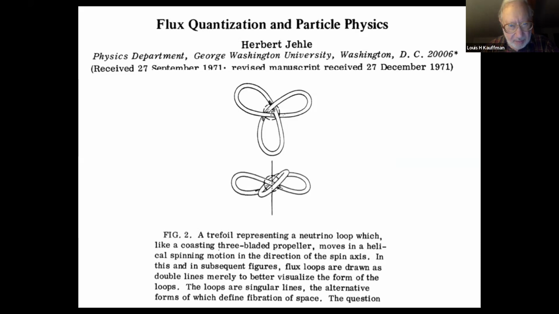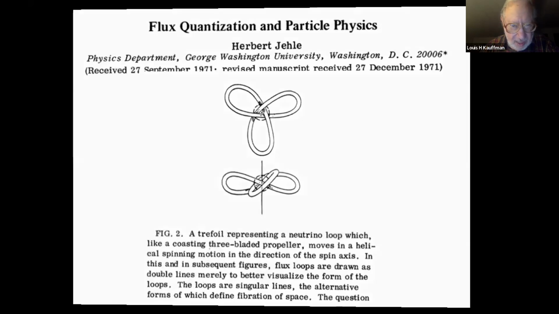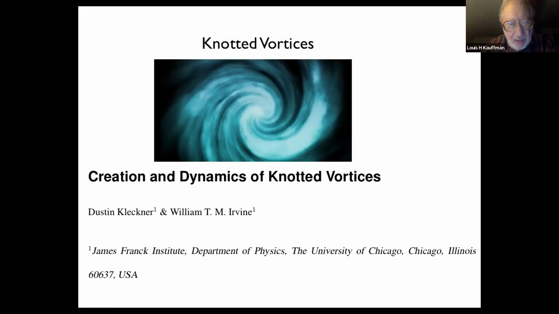He wrote some papers about that, but it didn't take off. Of course, this is a precursor to string theory, which also doesn't have much knotting in it in a direct way.